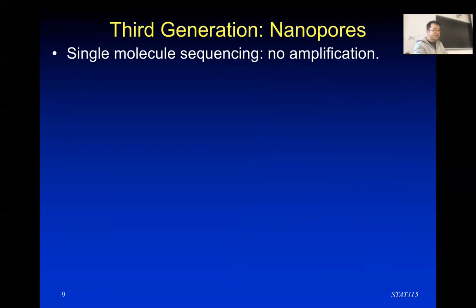And in recent years, there is also third generation sequencing technology, also called single molecule sequencing. Its throughput is much lower, but it generates much longer reads. Illumina sequencing currently can generate about 100 to 200 base pairs, but this technology can generate megabase reads, which is very useful for genome assembly.